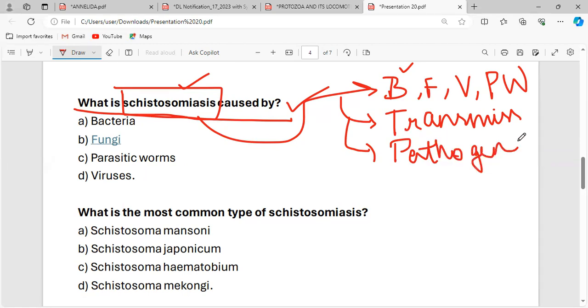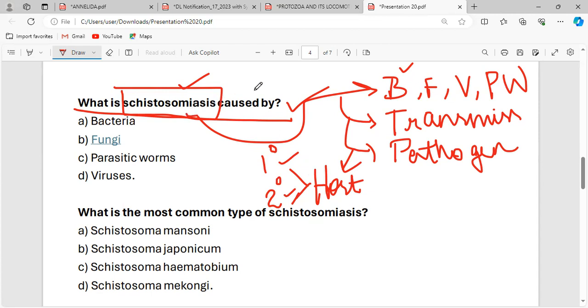Now, for a pathogen, what is its host? Whether it is digenetic or monogenetic, if it is digenetic, you have to know the primary host and the secondary host. This is how you have to read.